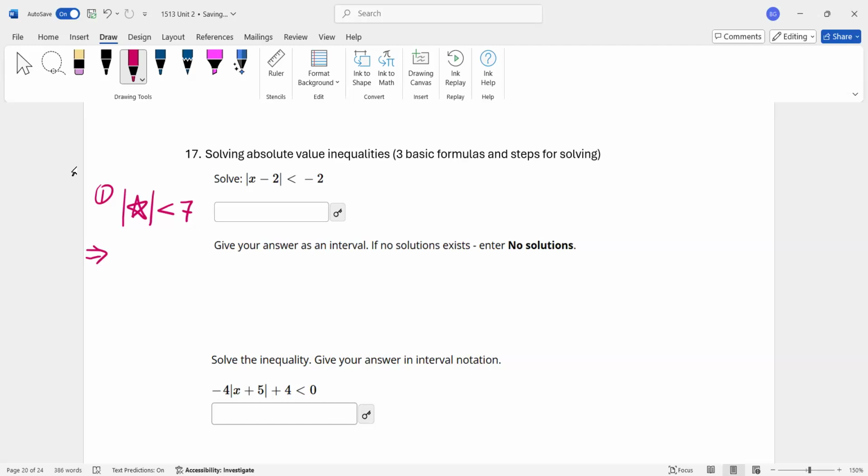We want to eventually isolate x. So right away, you translate that as this. If the star has absolute value strictly less than 7, then the star is bigger than -7 and less than +7.